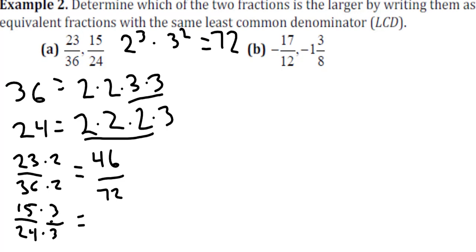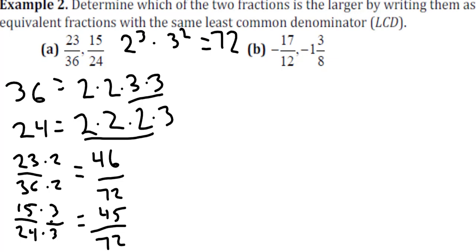So 15 times 3 is 45 over 72. So now we can see that the fraction 23/36 is the largest fraction. We could tell that too by typing in the calculator and converting them to decimals very, very quickly as well. We should be able to find common denominators.